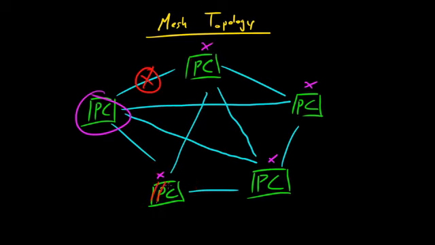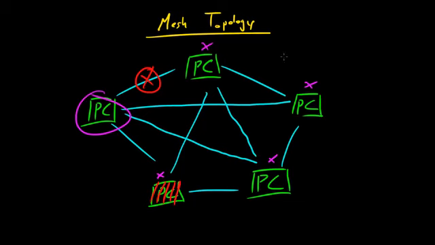Well, if this PC went out, then your data could still go from here to here, or from here to here, and so on and so forth. So even though adding PCs makes the entire network more complicated, it would also provide more communication paths.